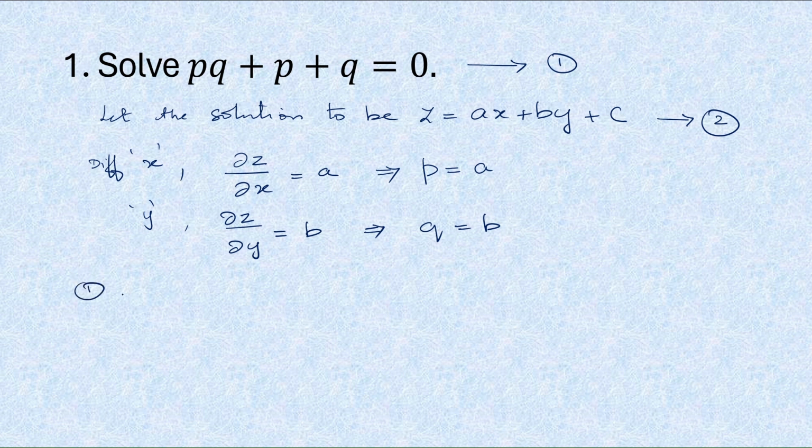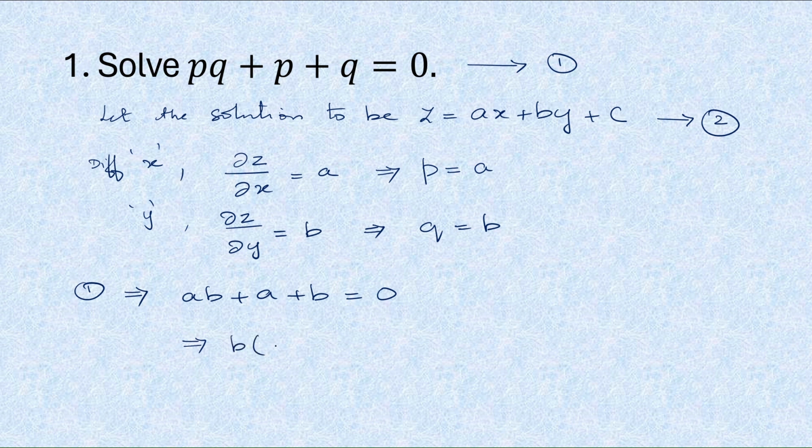Now substituting in equation 1, we get ab plus a plus b is equal to 0. So from this equation, we can either consider a in terms of b or b in terms of a. So here let us consider b as a function of a.